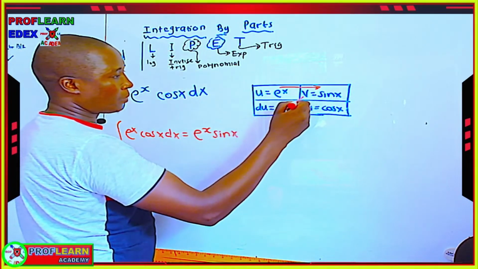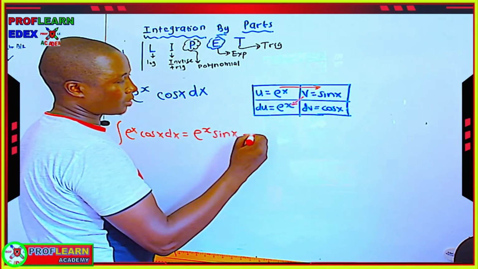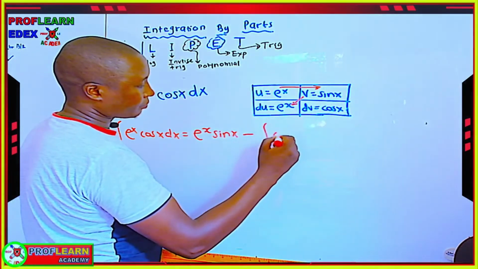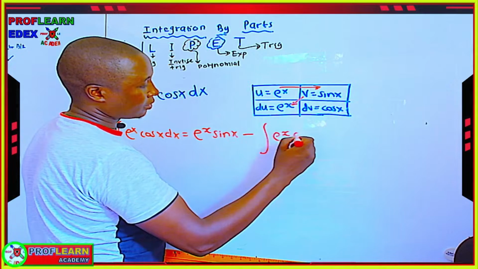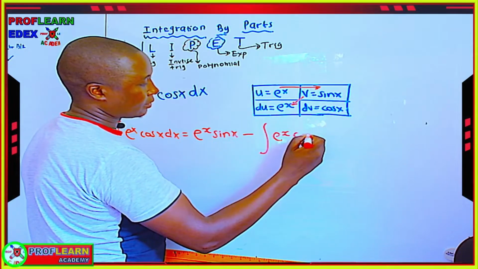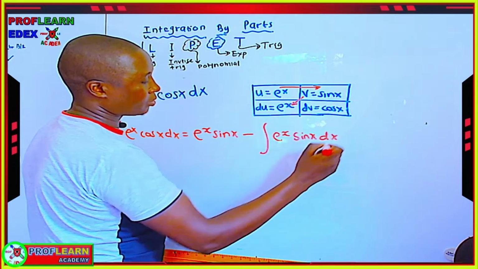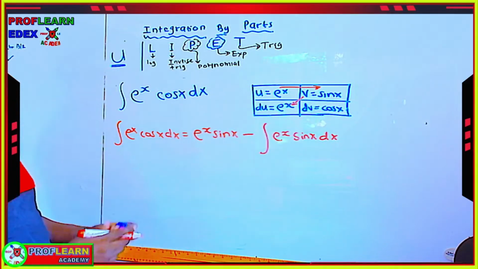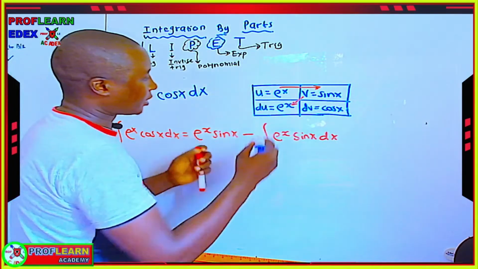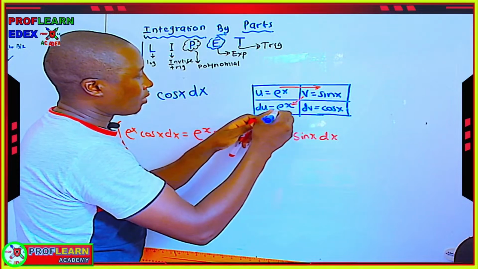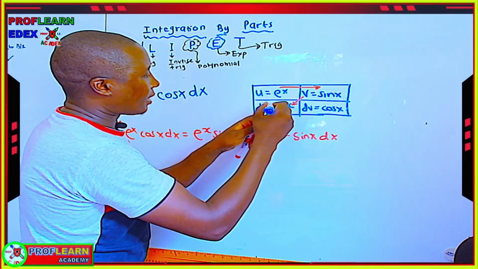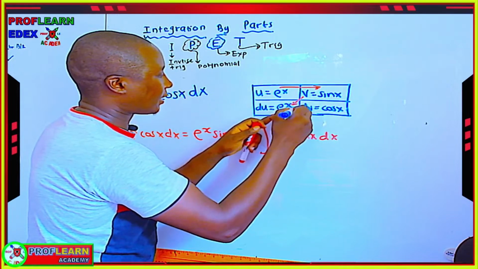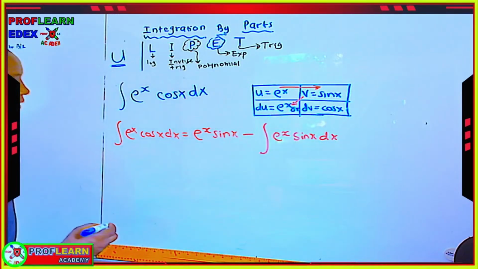Then since you are multiplying diagonally now, we subtract the integral of e^x sine x with respect to x. We multiply this and this, and then we say with respect to x, because when you do du, you get e^x dx, like that. It has to be indicated there.